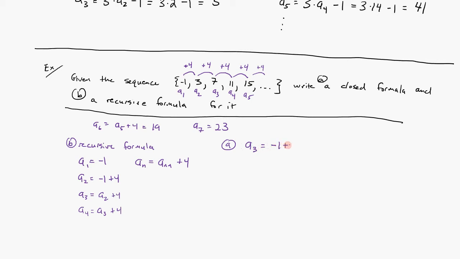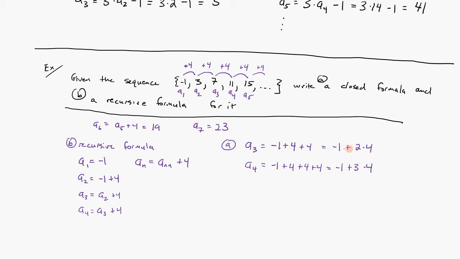That's the same as -1 plus 4 plus 4. And then if I plug a sub 3 into a sub 4, I get a sub 4 is equal to -1 plus 4 plus 4 plus 4. So I can say that a sub 3 is -1 plus 2 times 4, and then a sub 4 is equal to -1 plus 3 times 4.